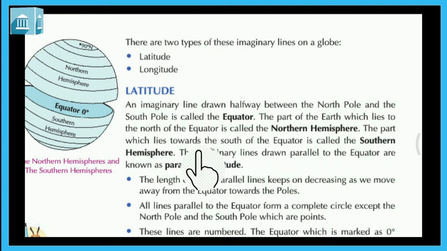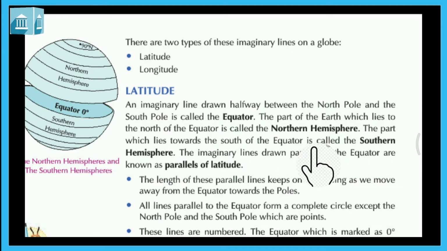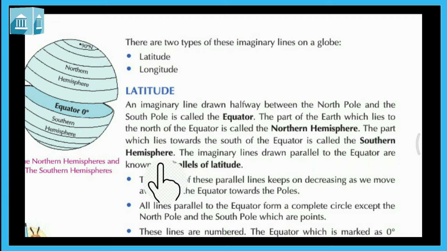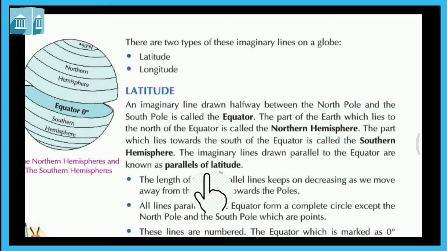The part which lies towards the south of the equator is called the southern hemisphere. The imaginary lines drawn parallel to the equator are known as parallels of latitude.